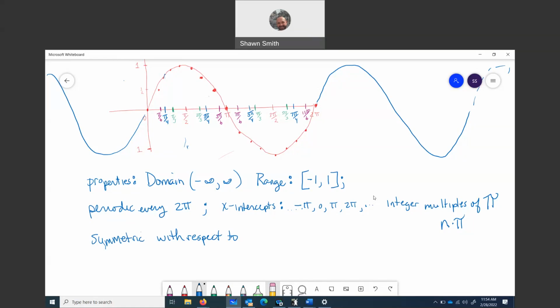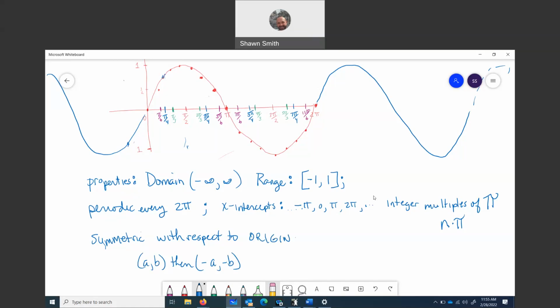That's not the case. But there is a point directly through the origin where if I had a point, say, a comma b, then -a, -b is on the graph. So if I choose opposite x's, I would generate opposite y values. So this is symmetry with respect to the origin.